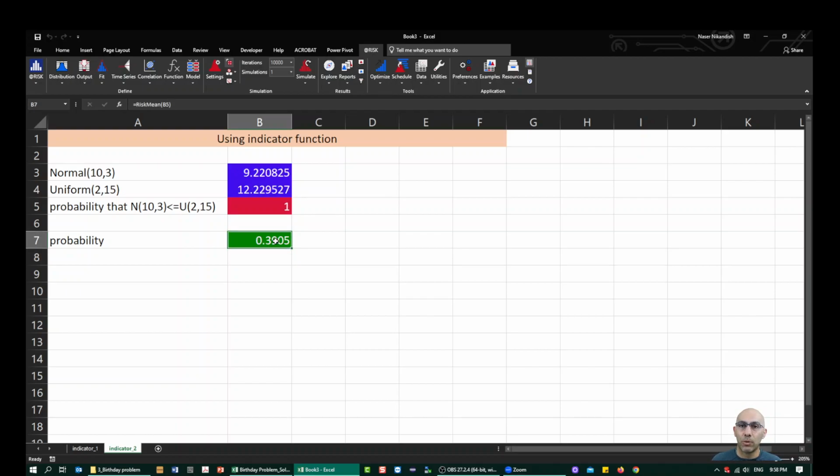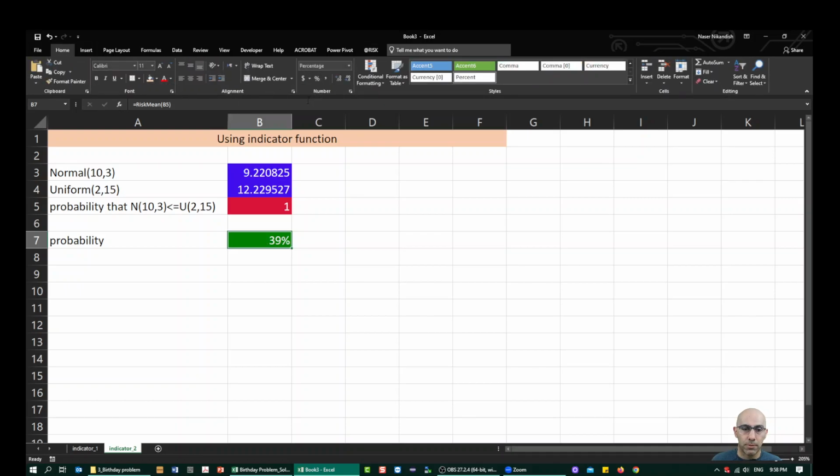This is the same as what we had earlier. If I want to make this a percentage and add all of the fanciness, there you go, you have it. Now remember, this is going to be part of a lot of calculations that we are going to do in this class.